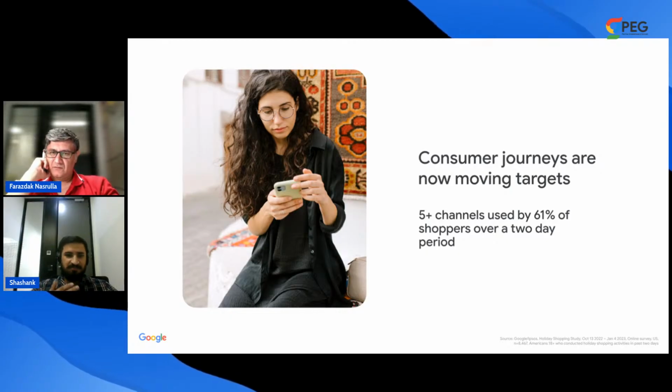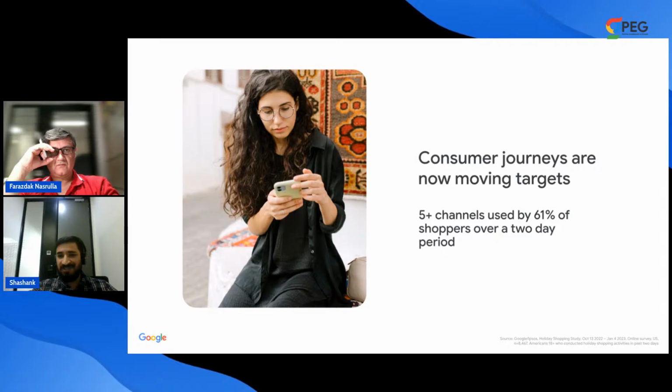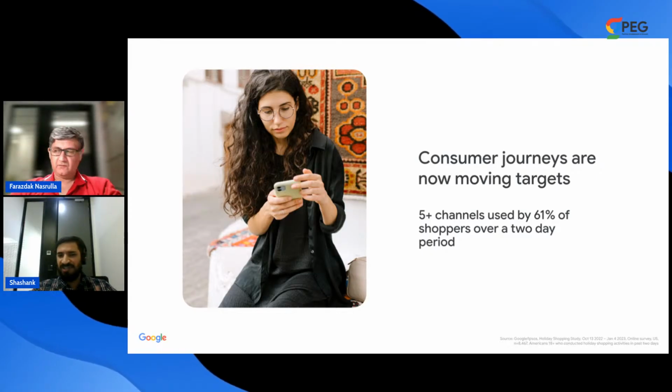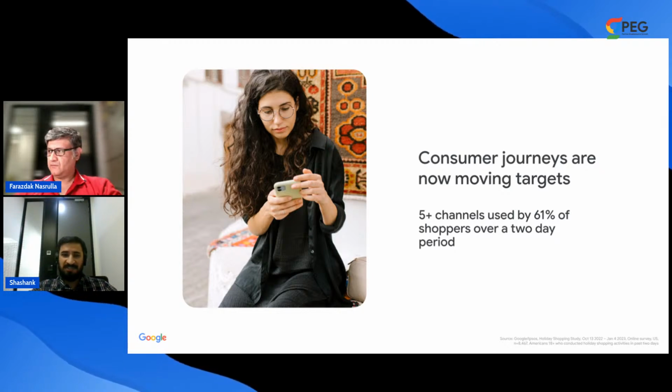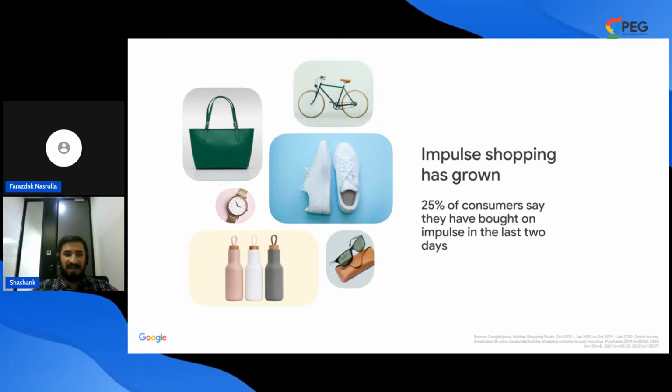A person was available on a display channel, then checked maps for something, went to Google search to search for different stuff, and was also live on YouTube. So they switched between different inventories over a period of 2 days, which means how impactful it could be if we can start targeting them on these different inventories. So that's one of the reasons why PMax was introduced.